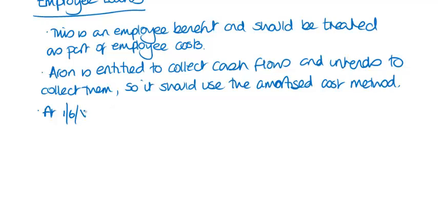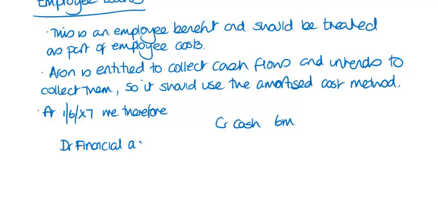At the 1st of June X7, we therefore credit cash 6 million, and we're going to debit a financial asset. How much is that going to be?